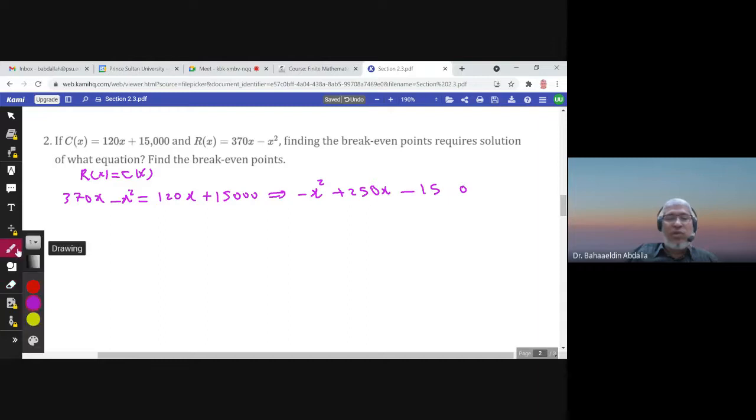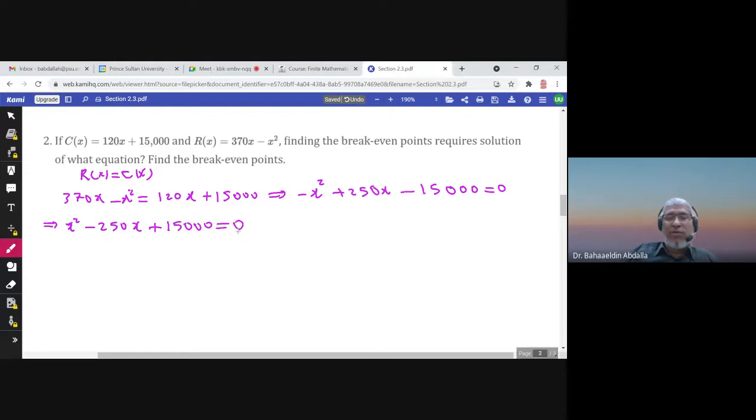So I'll have negative 15,000 equals 0. Well, the coefficient of x squared is negative, so I will multiply by a negative sign to make it positive, because I like it to be positive. So x squared minus 250x plus 15,000, as I multiply the negative 1 by all the terms.